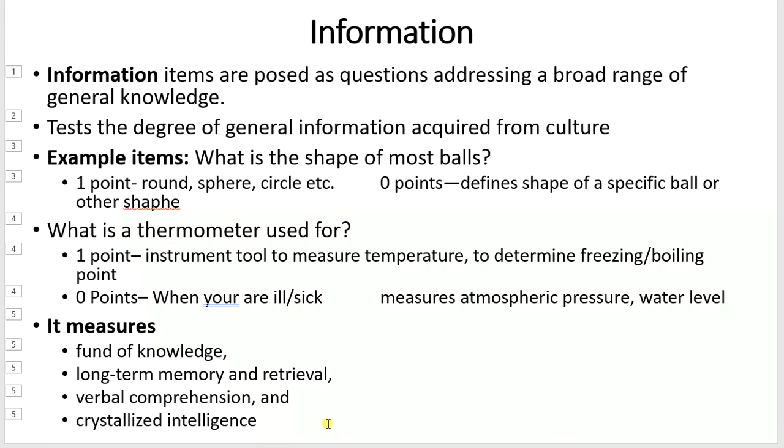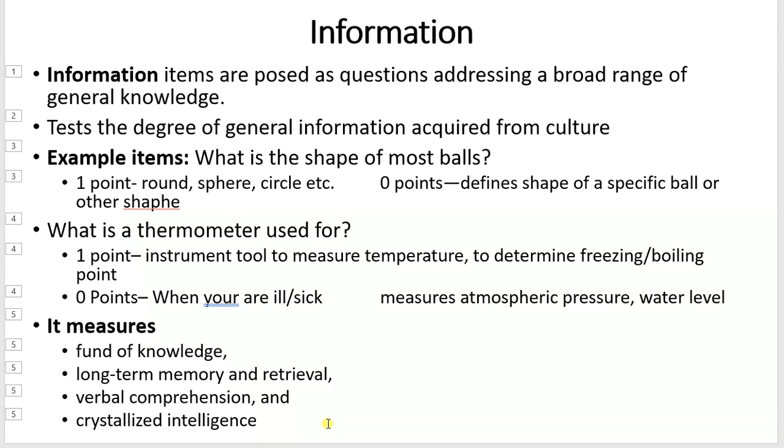Information items generally ask questions that address a broad range of general knowledge. It may include factual knowledge also. For example, in the Indian context, how many members are there in the parliament.